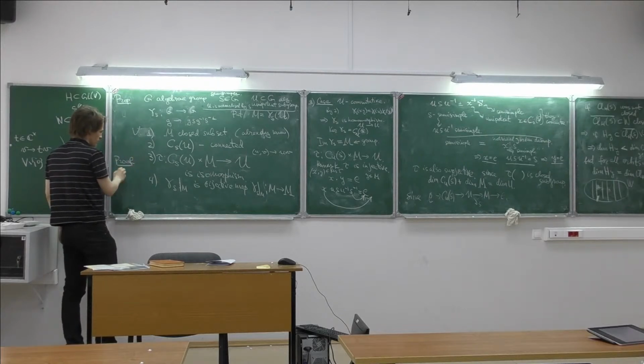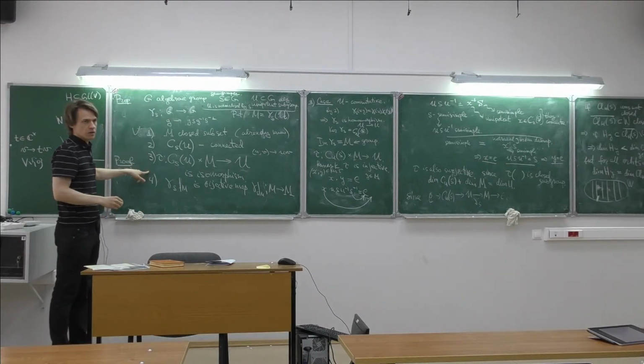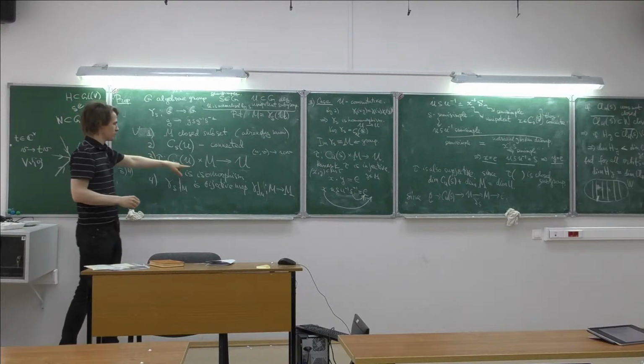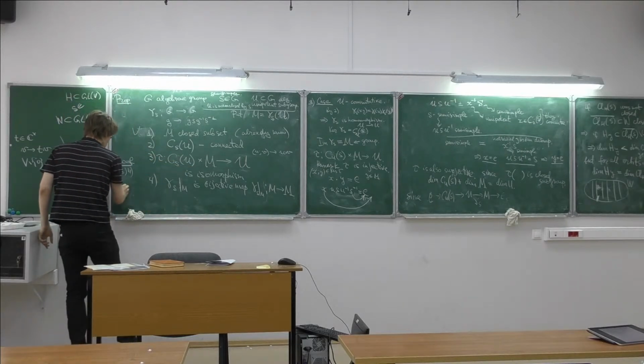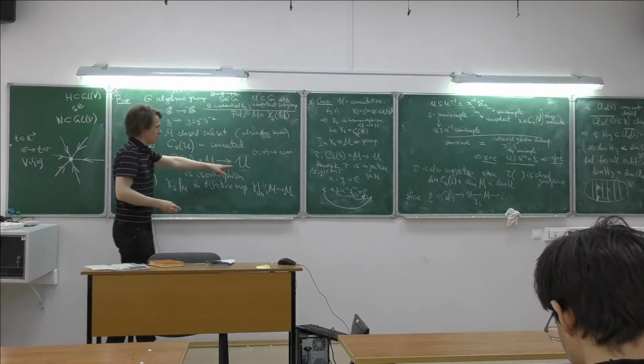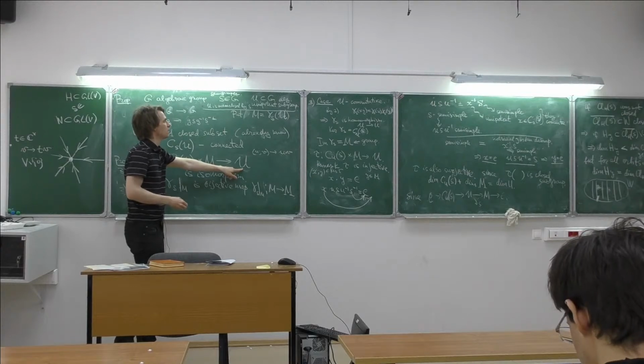Before I erase, I want to note that we prove 3 plus 4 because 2 is evident from the third, since 3 implies 2 because U is connected here.